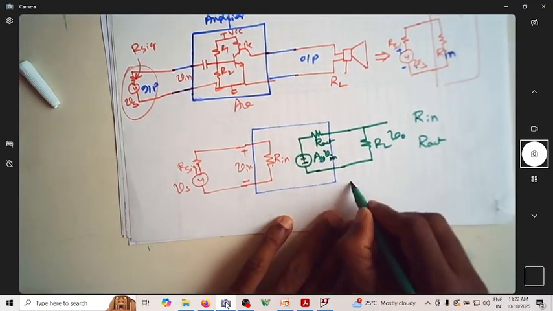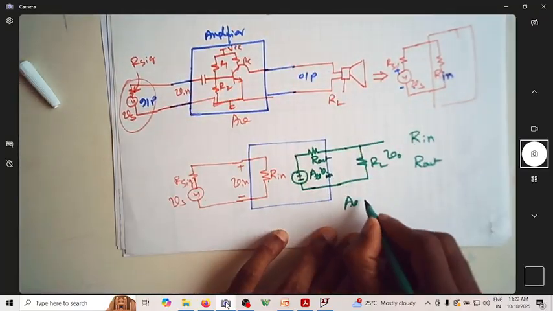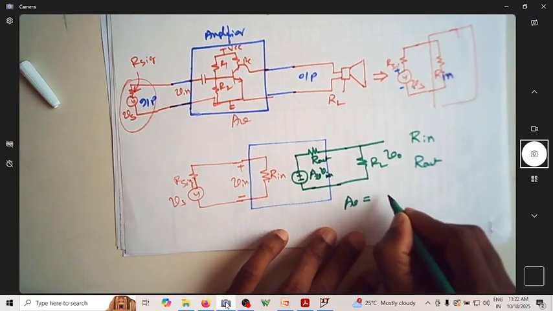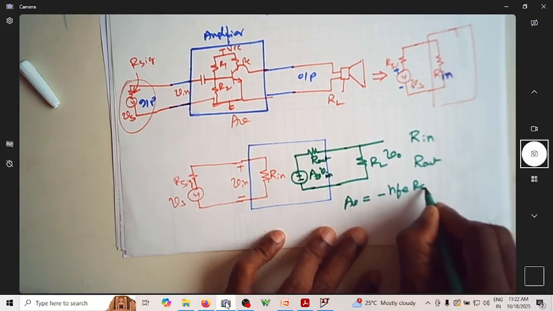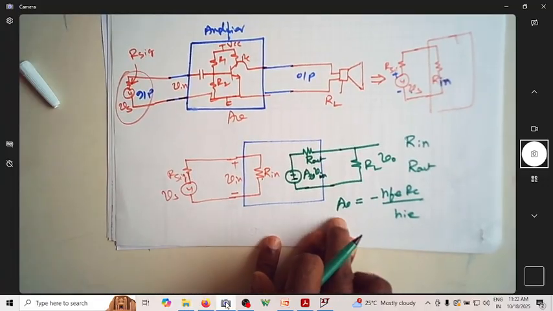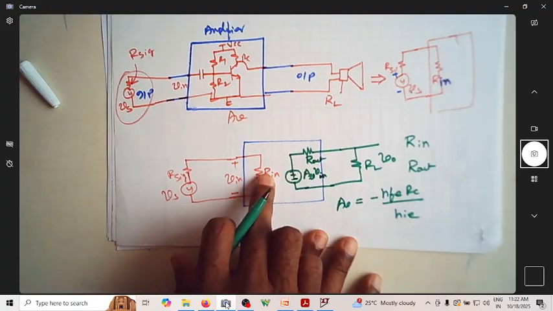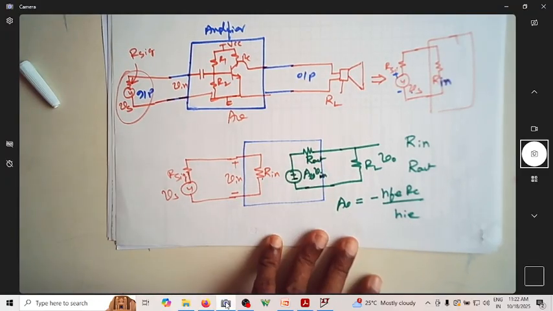Of course, we already know what is AV of this amplifier from our previous understanding. This was given by the expression minus HFE times RC divided by HIE. So we know what is the expression for AV. Next, what should be this R in? What is the significance of this R in? What is the significance of this R out?